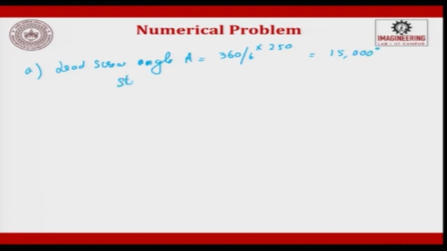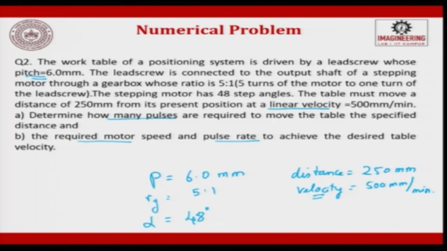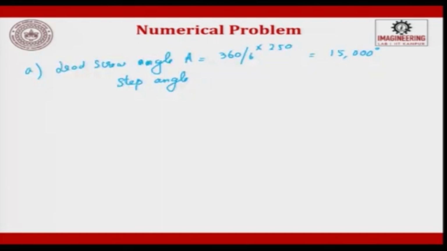The distance to be moved is 250 millimeters, so I am multiplying by 250. The stepping angle is given as 360 degrees divided by 48, which leads to 7.5 degrees. So, so much angle has to be rotated. For one pulse you will go this much angle.